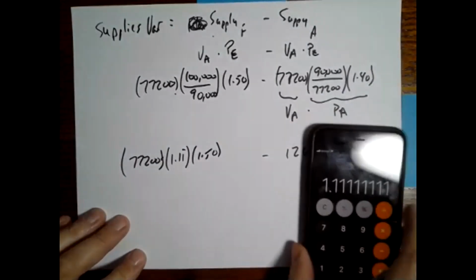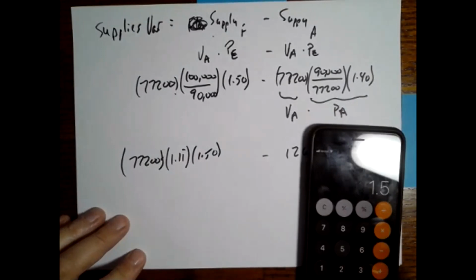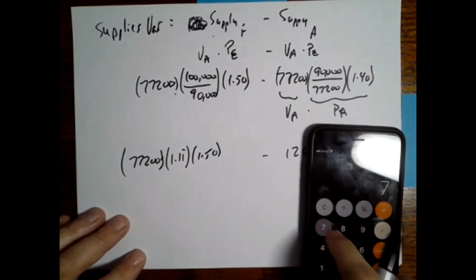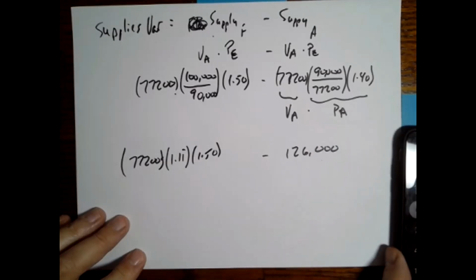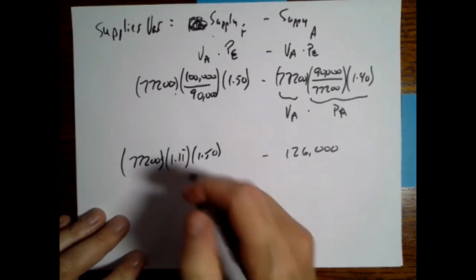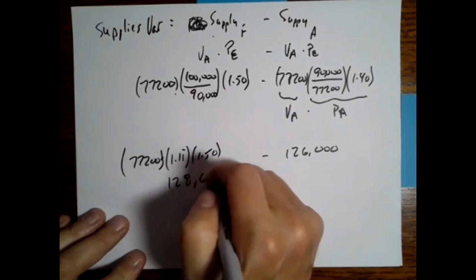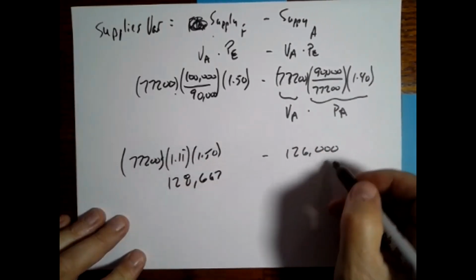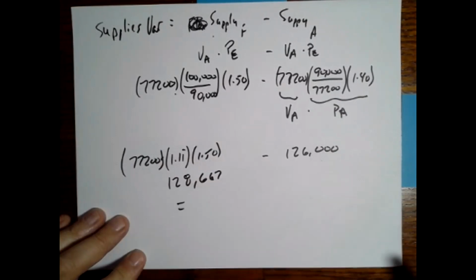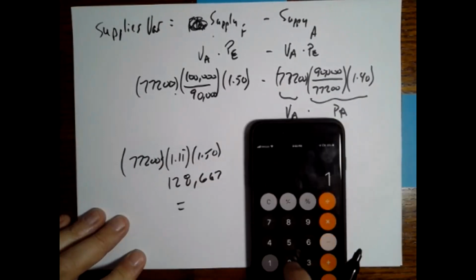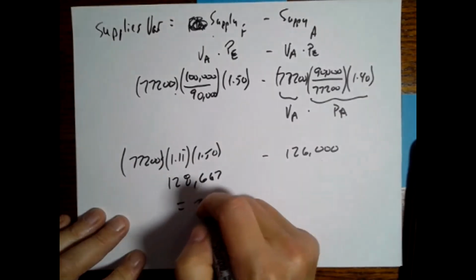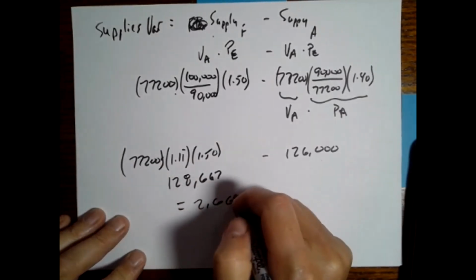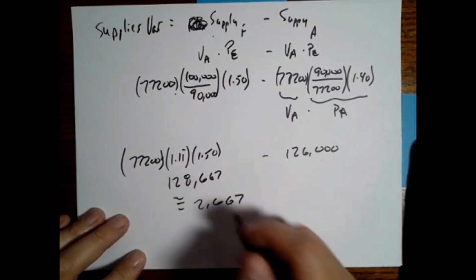So that times 150 times 77,200 gives us 128,667. So 128,667 minus 126 gives us 2,667 approximately.